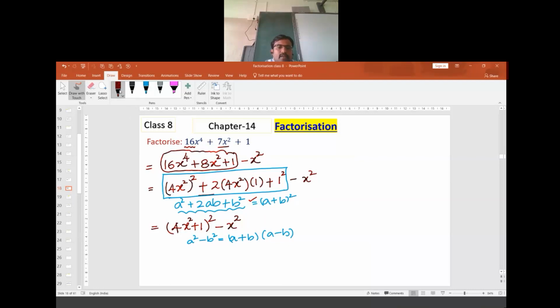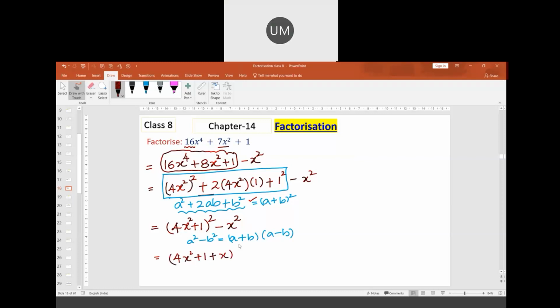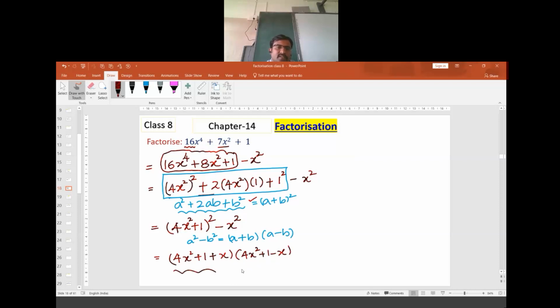Now if I use this identity, this becomes 4x square plus 1 plus x into 4x square plus 1 minus x. It is a plus b into a minus b. So we have got two factors here for this expression.